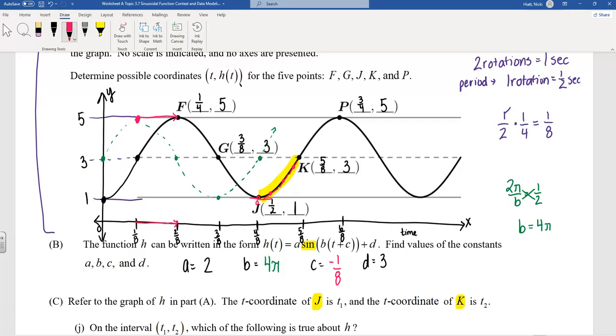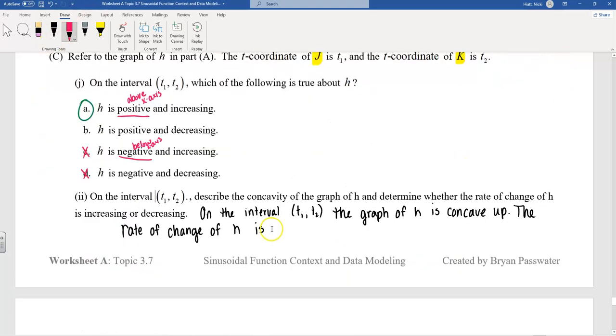Increasing, right? And we got positive numbers, so maybe this is 1, maybe this is 1.5, maybe this is 2. I'm making things up. Those probably aren't right, but we definitely have increasing numbers. So we could say rate of change of h is increasing on this interval.